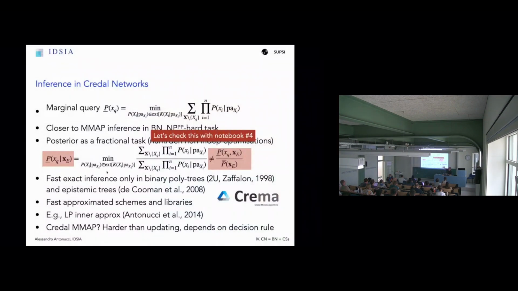Just for your information, this is a library for credal networks, which to me is good. It's very flexible. It's implemented by my group in Lugano. The point is it's in Java, which now for you is maybe old-fashioned stuff. It is boring to install Java. It took us a lot of time.